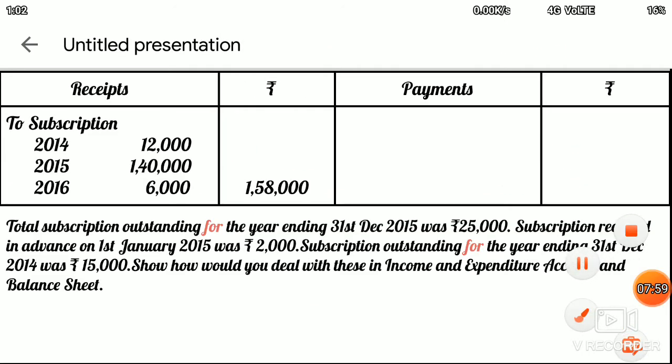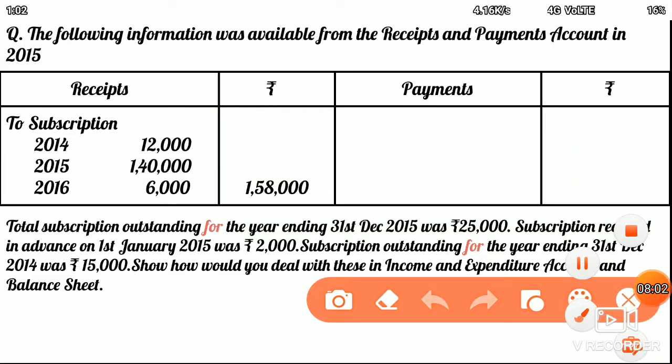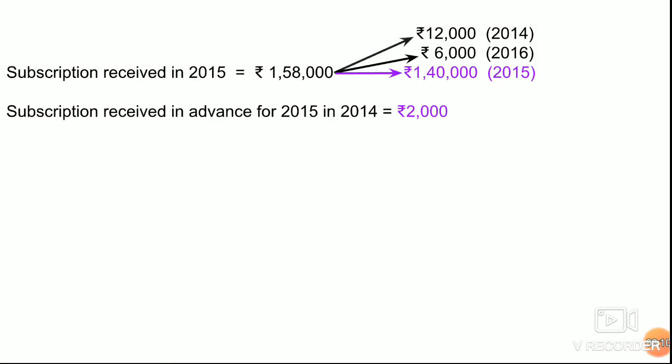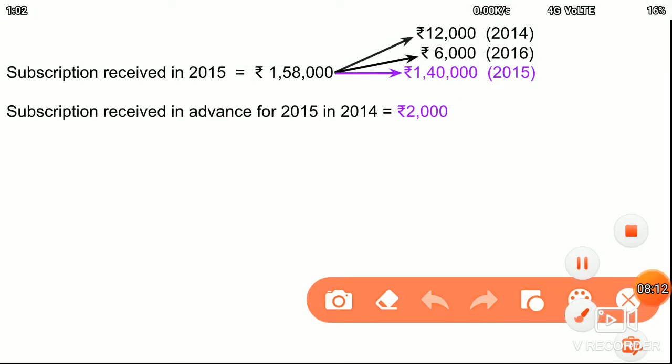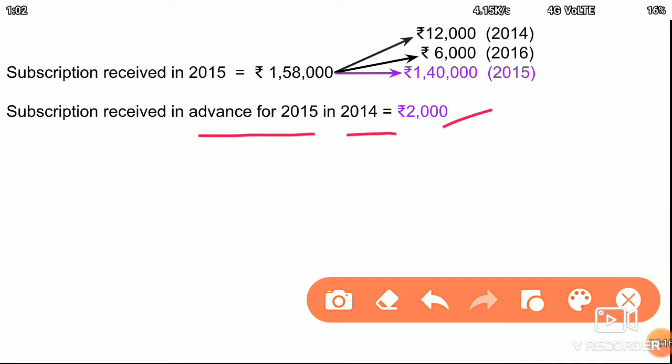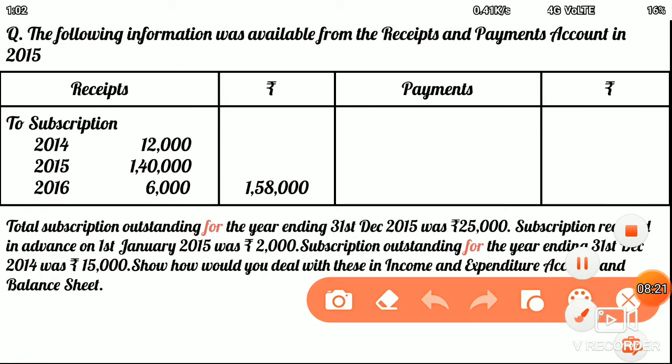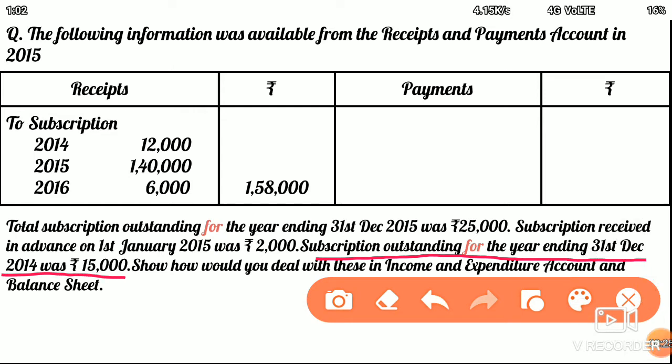Again, the subscription received in advance on 1st January 2015 is 2,000. So this is the advance which was received in the previous year for the current year. So we can say that the advance of 2015 received in 2014 is 2,000. Then we have the subscription outstanding for the year ending 31st December 2014, which is 15,000.